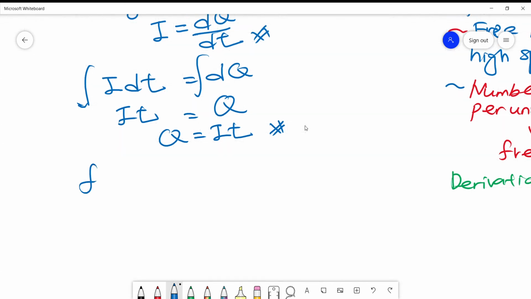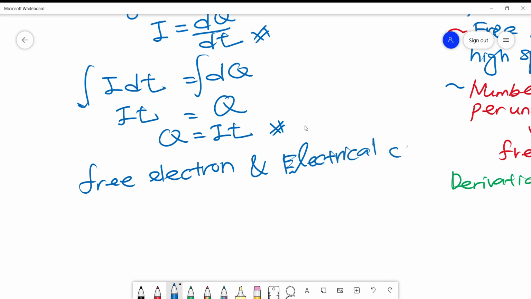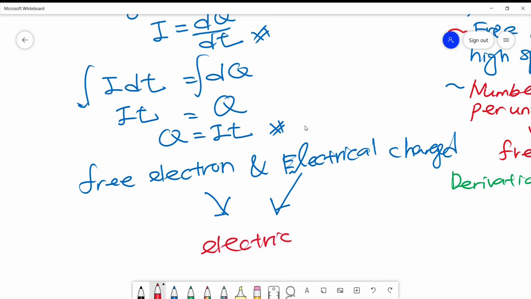The free electrons and the electrical charges will produce the electric current. How can they produce the electric current? We will discuss later.